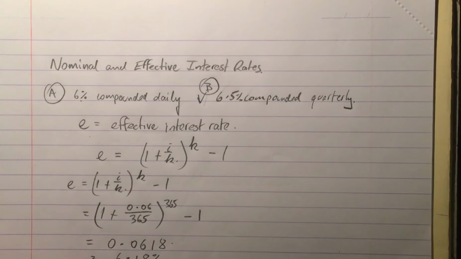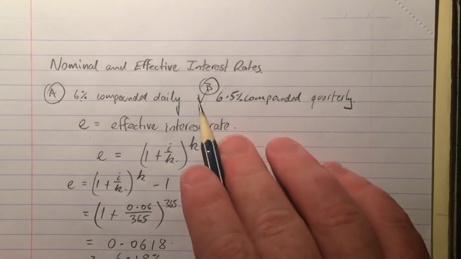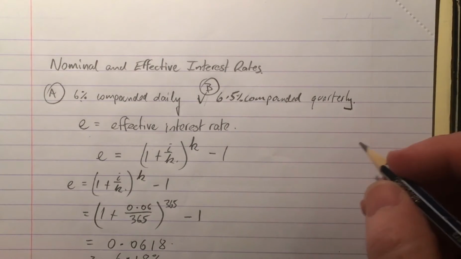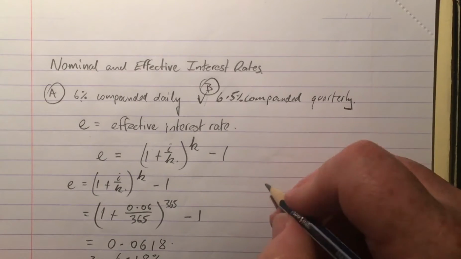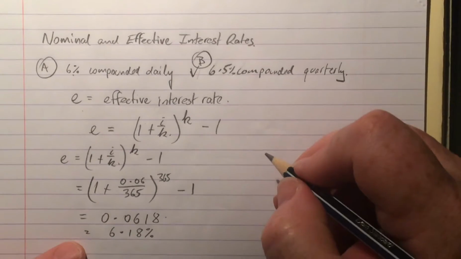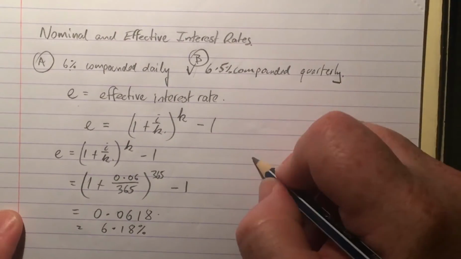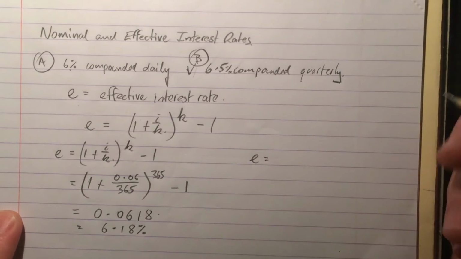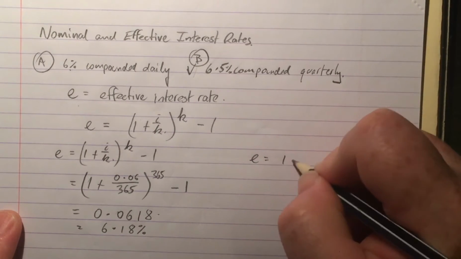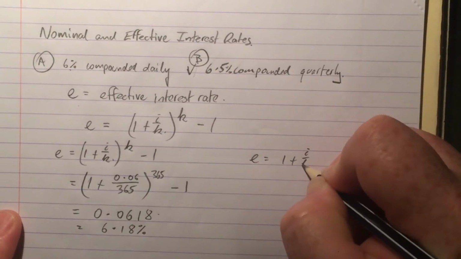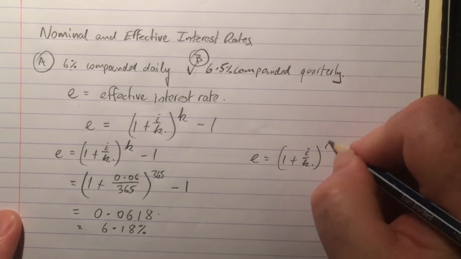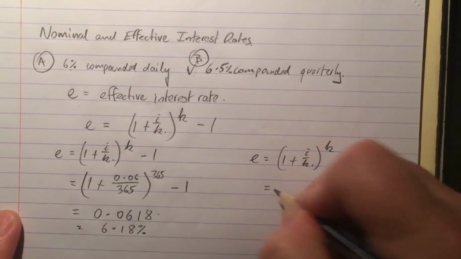If I do the same thing with my second scenario, 6.5% compounded quarterly, I'll use my equation. E is equal to (1 plus I over K) to the power of K minus 1.